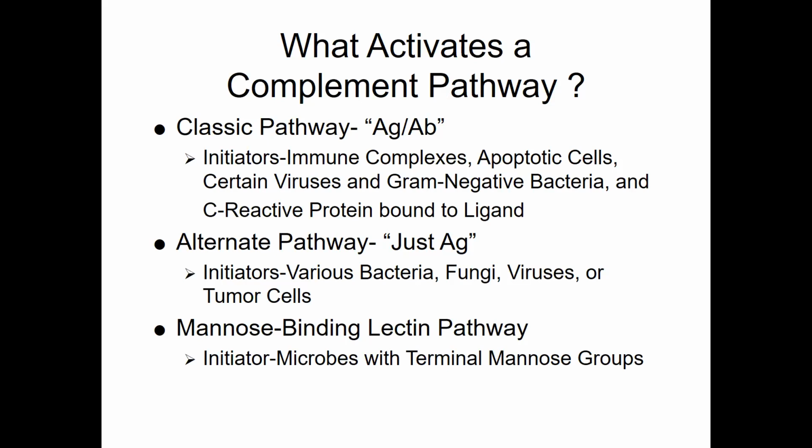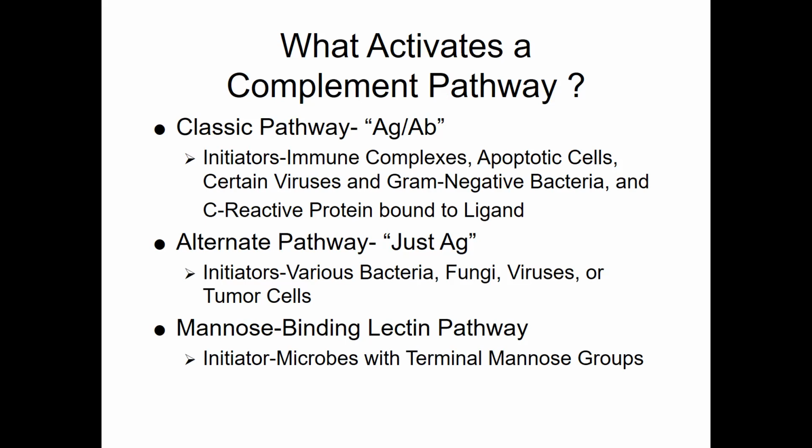And we're going to talk about the classic pathway, but some initiators are immune complexes, apoptotic cells, certain viruses, gram-negative bacteria, and C-reactive protein. So that's what activates that pathway.